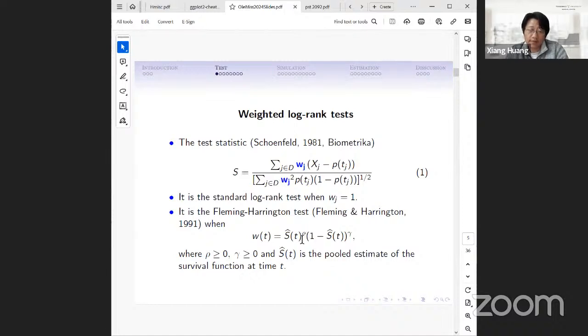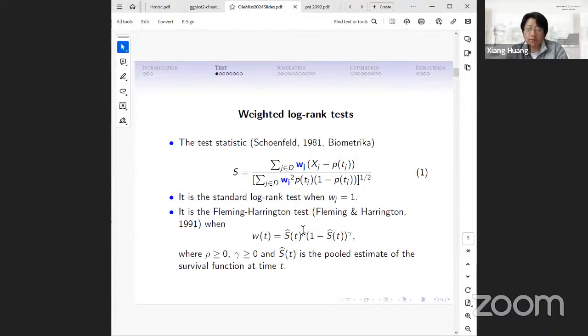If we let rho be 0 and gamma be a number bigger than 0, that is a weighted log rank test that puts more weight on the late events. If we set gamma to 0 and rho bigger than 0, that is another weighted log rank test that puts more weight on the earlier events.